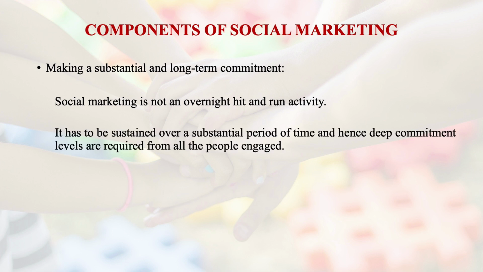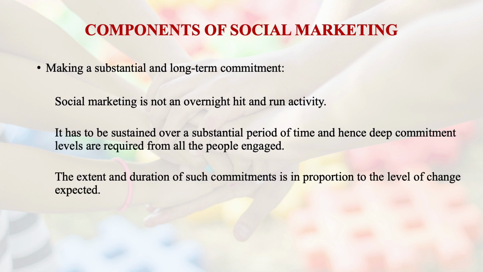So any social marketing campaign should be sustained over a period of time, and it should have deep commitment levels required from all the people who are engaged. The extent and duration of such commitment is in proportion to the level of change which is expected.